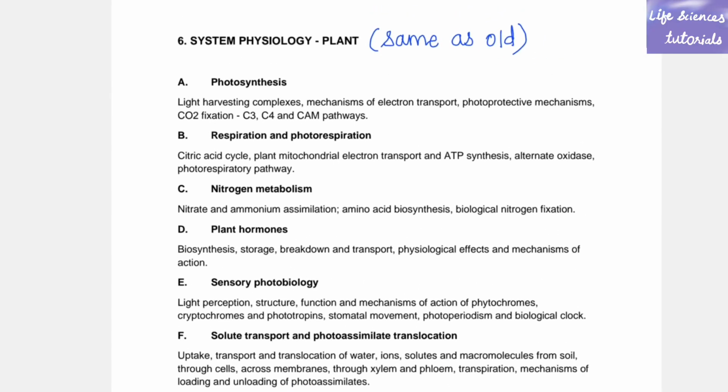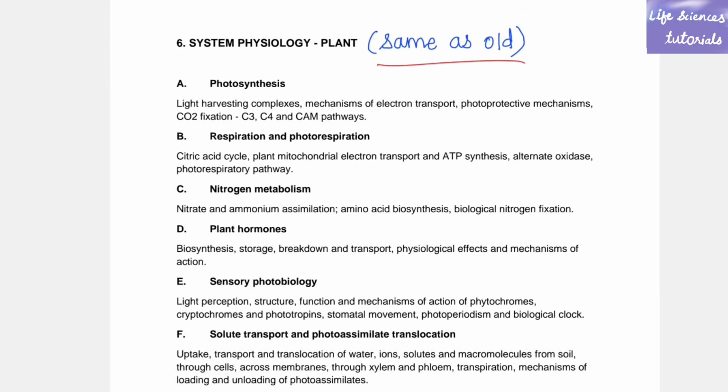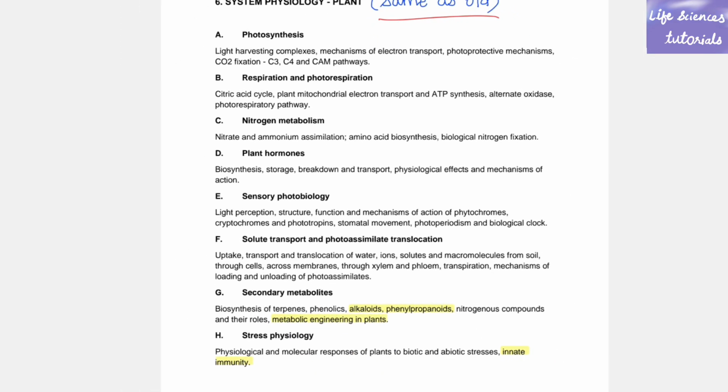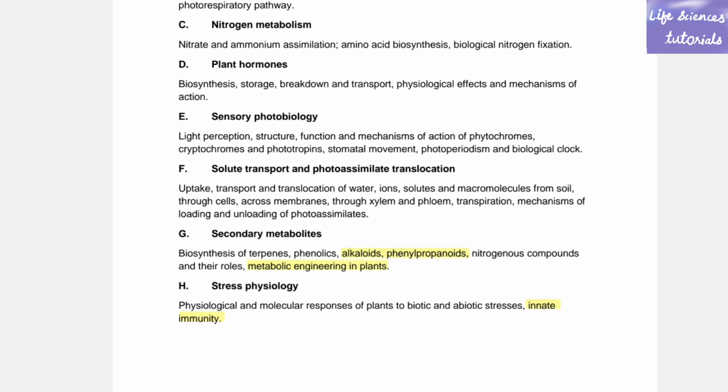Next we have system physiology, plant. This is also the same as the old syllabus. You have the same topics, and certain subtopics have been elaborated. Like if you study secondary metabolites, earlier phenolic compounds and terpenes were specified, but alkaloids or phenylpropanoids were not specified. Now they've specified them.